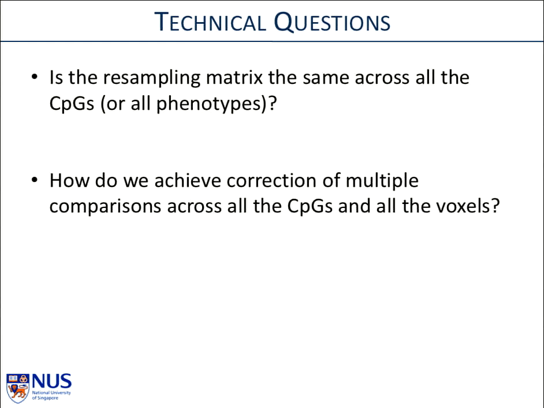It's actually yes. You need to have the resampling matrices the same for every phenotype. Otherwise, how can they be comparable? That's why we define the resampling matrix in the third step, before the complicated equation. So that's number one thing.